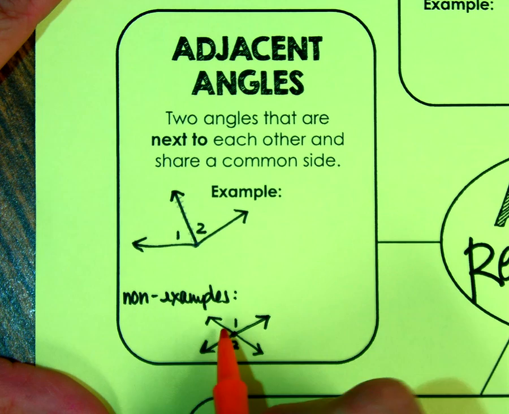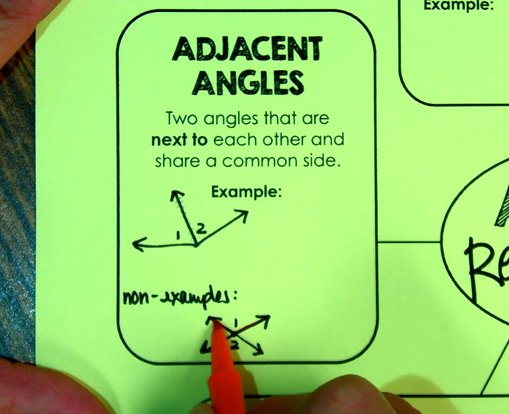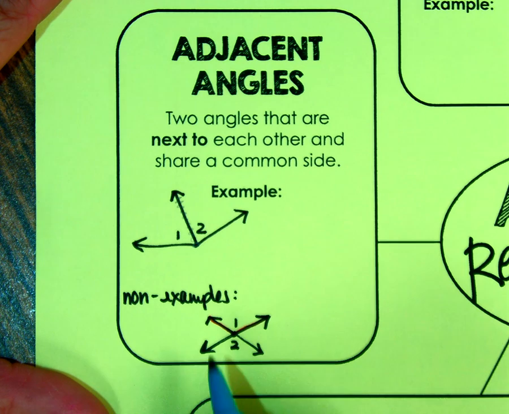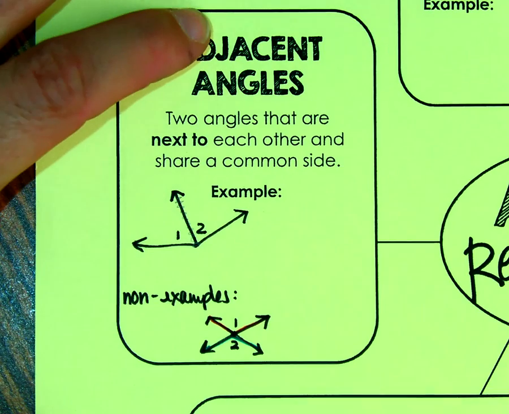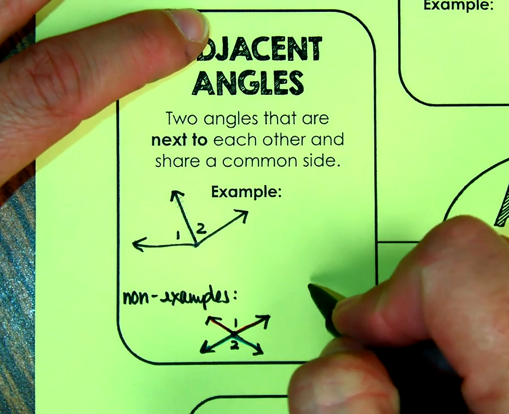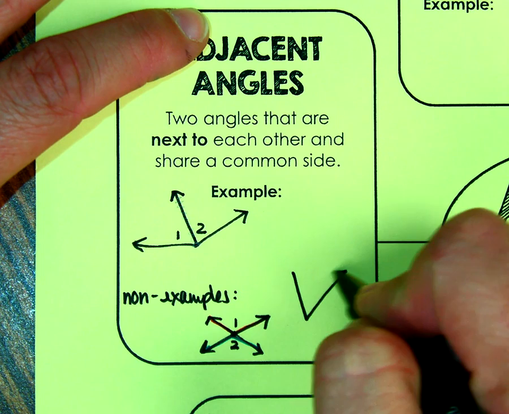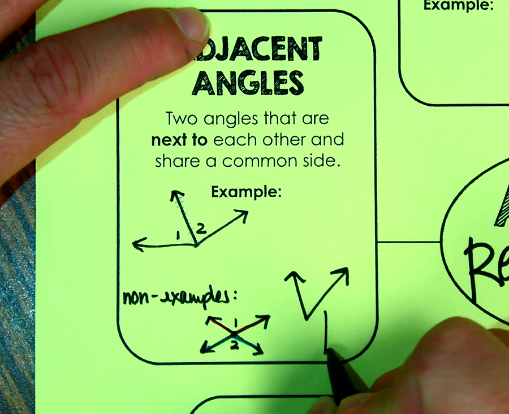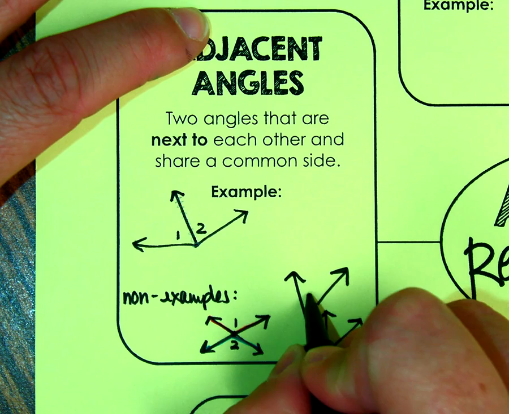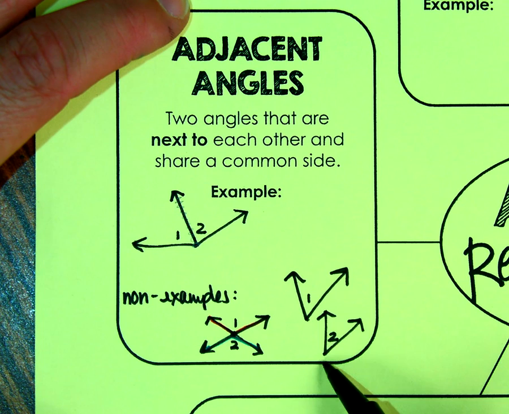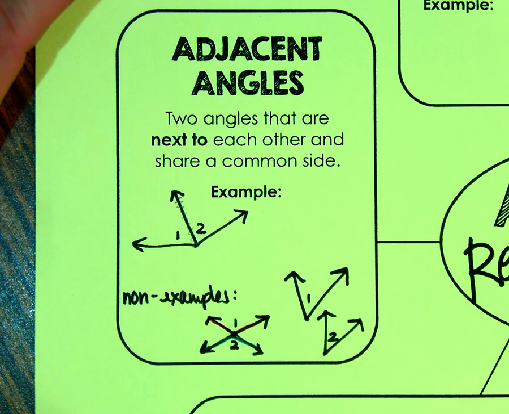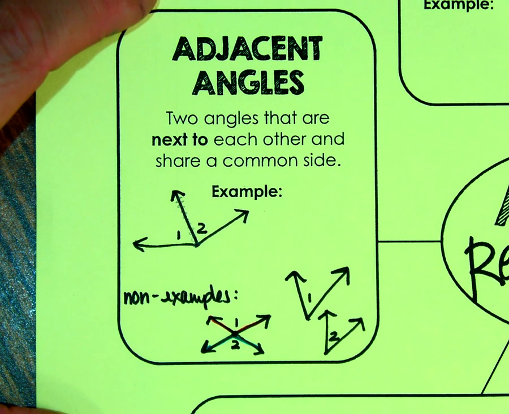Angle 1 is made up of this, and angle 2 is made up of those two rays, so they do not share a common side. And then another non-example would be those two angles because they do not have a common vertex, nor do they share a side. So those are examples of adjacent angles.